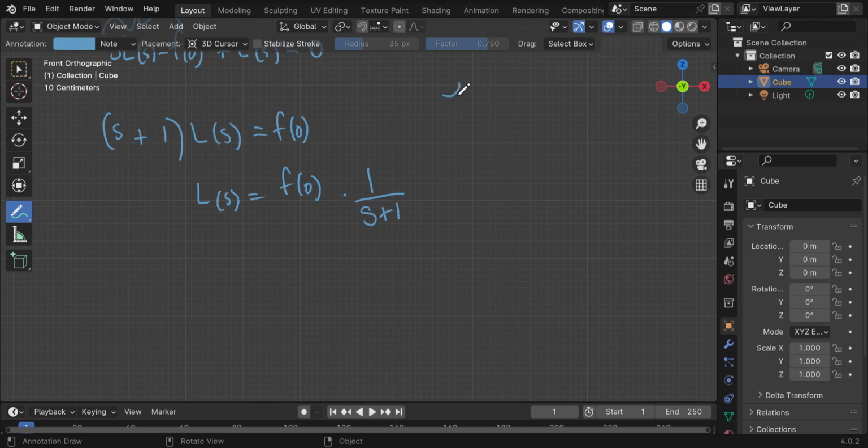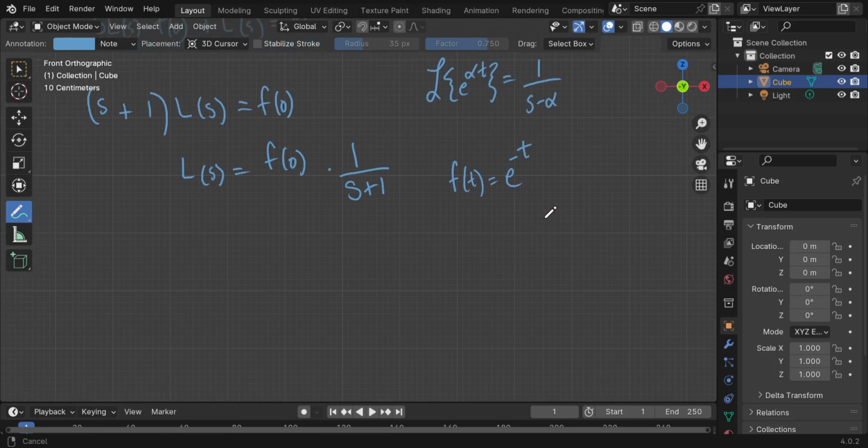We know that the Laplace of e to the alpha t equals 1 over s minus alpha. If we compare these two, if we set alpha to be -1 and f of 0 to be 1, that would follow that f of t equals e to the -t.